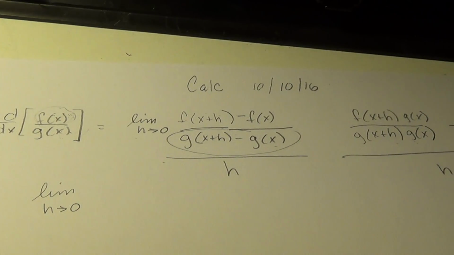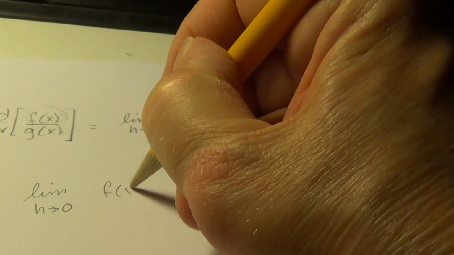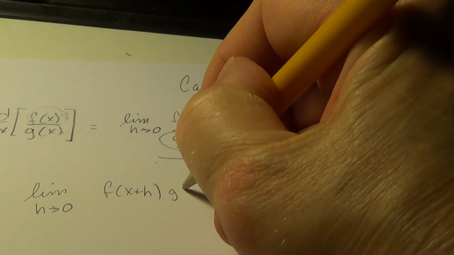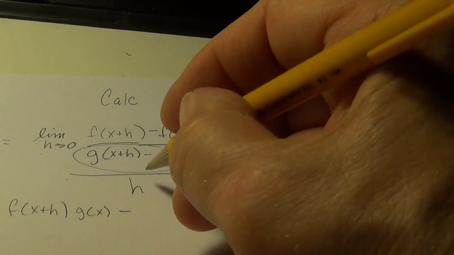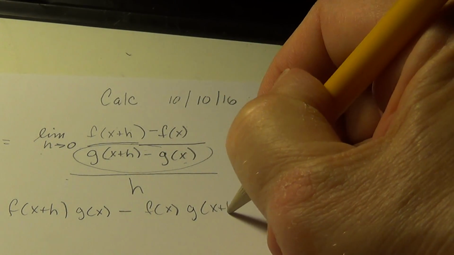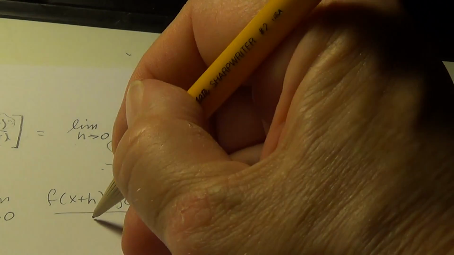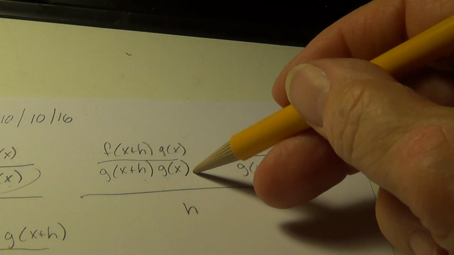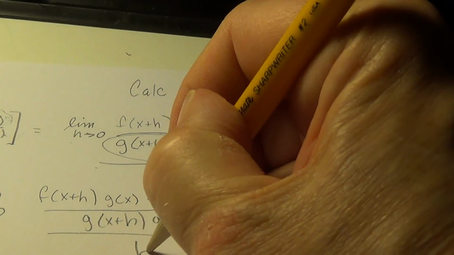The limit as h approaches 0 of f of x plus h times g of x minus, I'm grabbing this now, f of x times g of x plus h, all over, in the numerator, the common denominator now, g of x plus h times g of x, all divided by h.